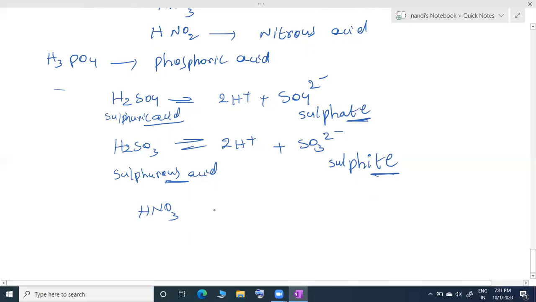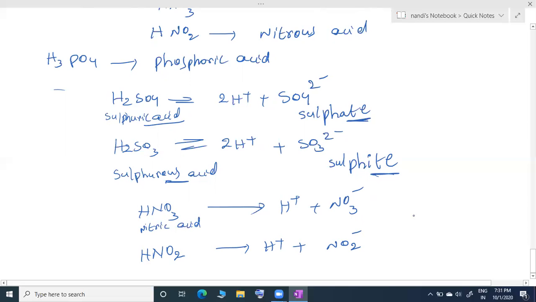HNO3 and HNO2: what are the names of the anions we get after releasing H plus ions? H plus plus NO3 minus, from nitric acid. And NO2 minus, you can write. This is nitrate, is it correct? Because nitric acid gives nitrate, ATE.